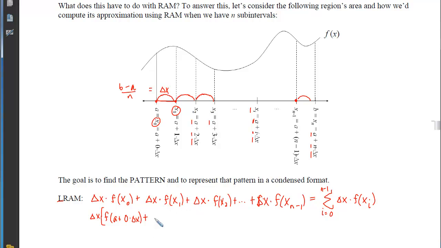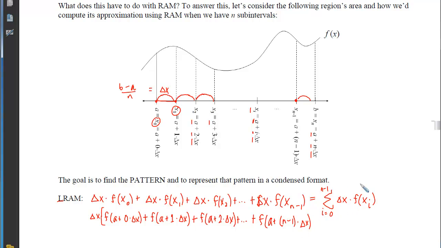And the next time I will have f of a plus 1 of those delta x's. And the next one I'll have f of a plus 2 of those delta x's. And I will continue the process until I get to my final one, which is f of a plus n minus 1 of those delta x's.